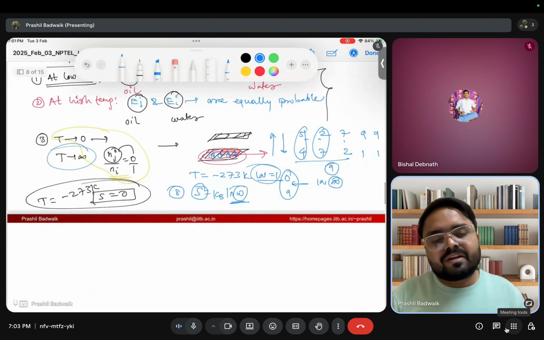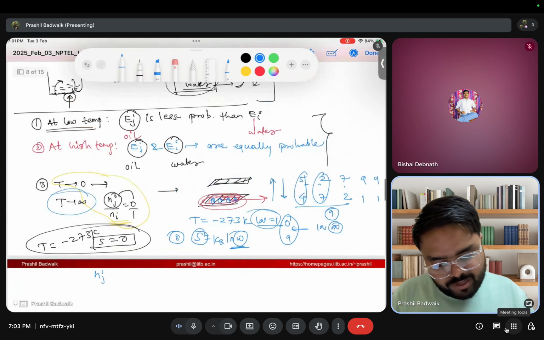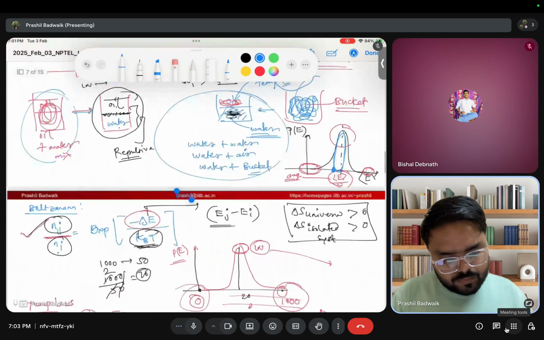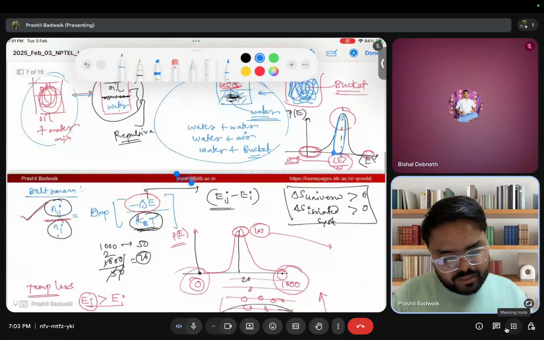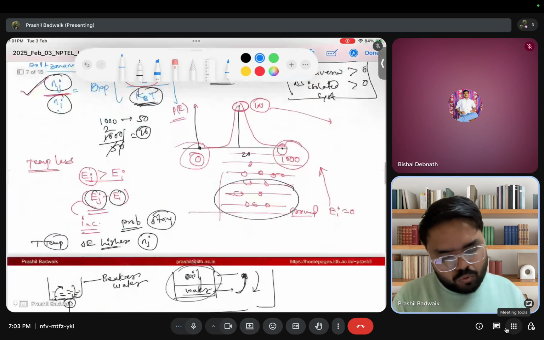Then what will happen if temperature is tending to infinity? Then Nj divided by Ni will be close to 1, right? Because temperature is infinity, 1 by infinity is 0, correct? e power 0 is equal to 1.